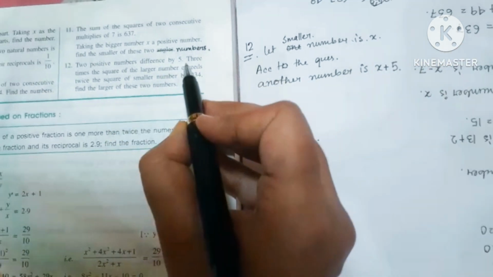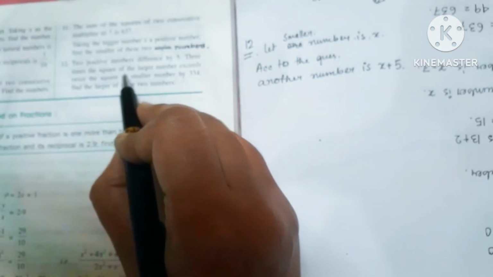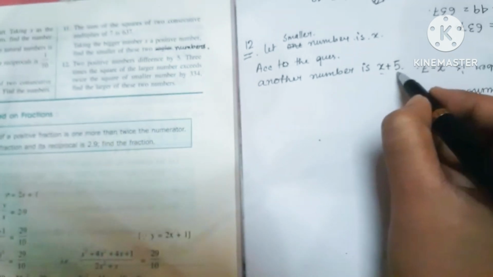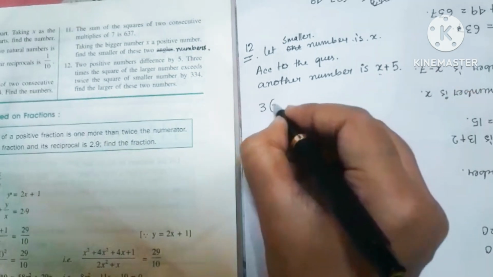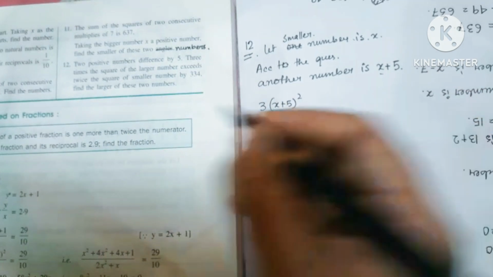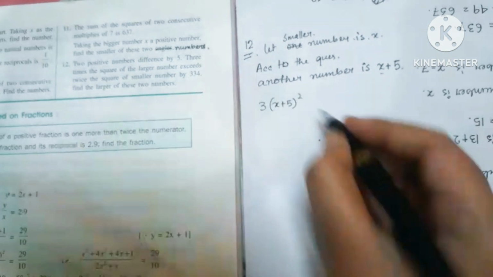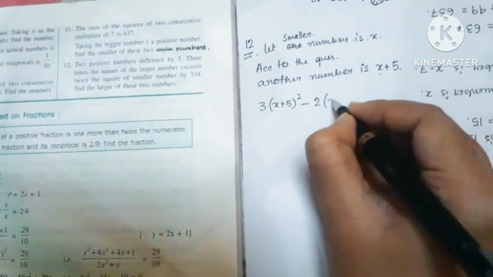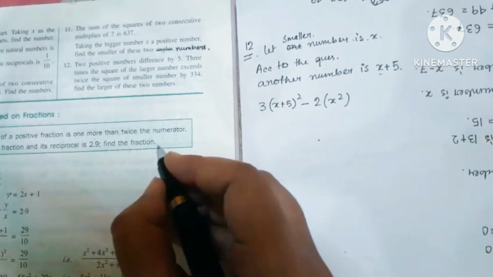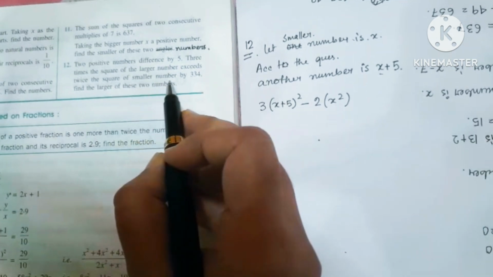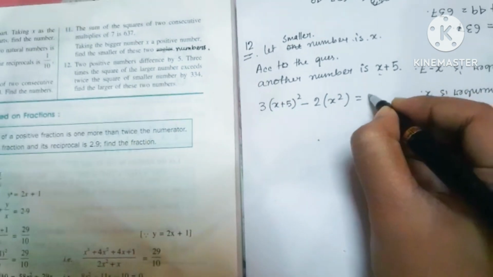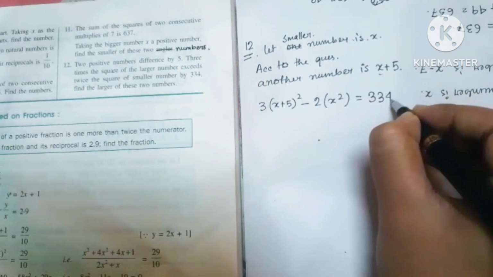Okay, now 3 times the square of the larger number is this one, so 3 into x plus 5 square, that exceeds twice the square of the smaller number by 334.